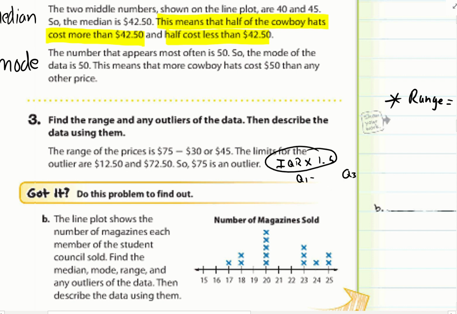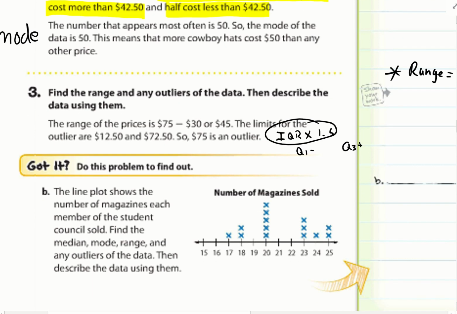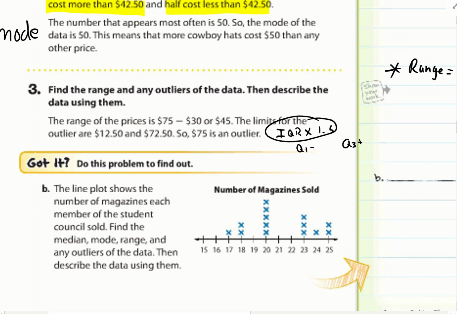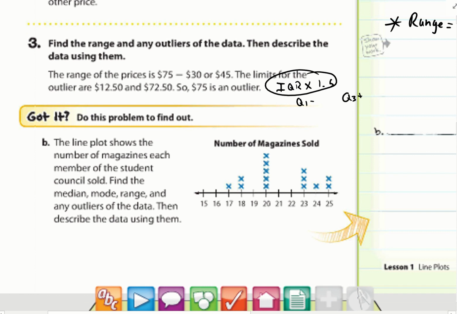With the third quartile, you add it. Any number that is less than the lower number, and any number greater than the upper number, is an outlier. If you need a review on outliers, please look at chapter 11, lesson 3. So go ahead and try B.